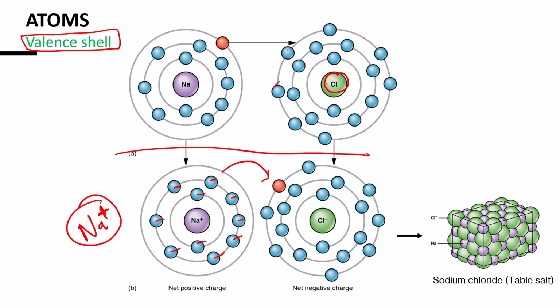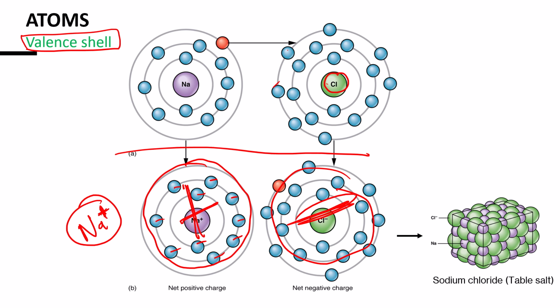Look what happened with chlorine. When you receive an electron, you're receiving negativity. Therefore, this atom becomes negatively charged, because now you're receiving an electron. Now the whole atom has a negative charge. When you donate the electron, you become more positive. Now the whole atom becomes positive.